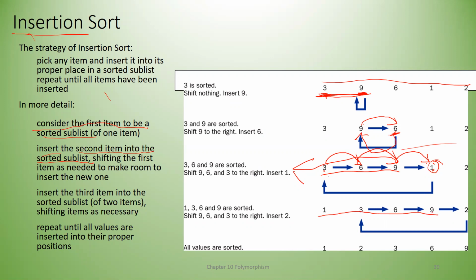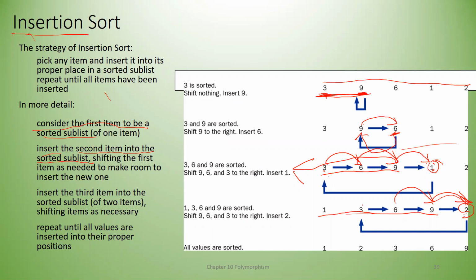And now you have this sorted, and you have one last element, 2. So you compare 2 with every element of this list until you find the proper position. So 2 compared to the last element, 9, 9 is greater, so you need to shift it to vacate that location for 2. And 2 compared to 6, we need to shift 6 here.